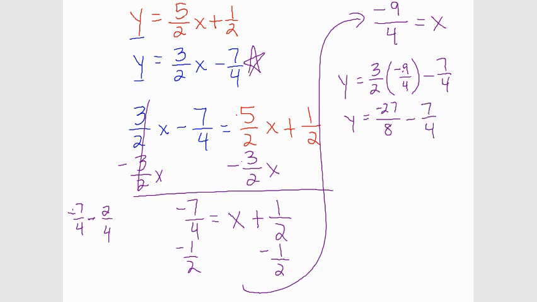And then let's go ahead and give this a common denominator now. So fourths to eighths, let's multiply by 2, so this will be 14. We get negative 27 minus 14. That would be the same as negative 27 plus a negative 14. So that's a negative 41 over 8.